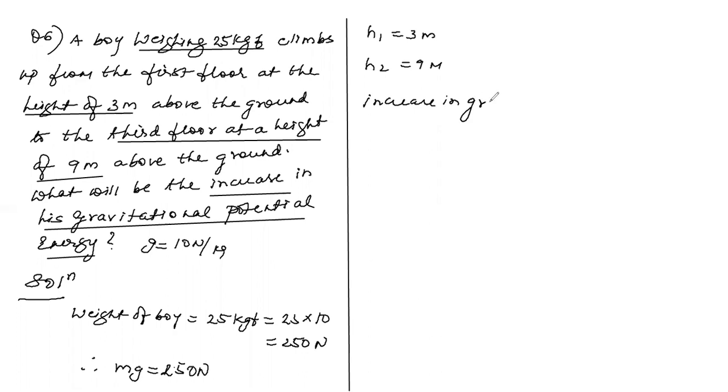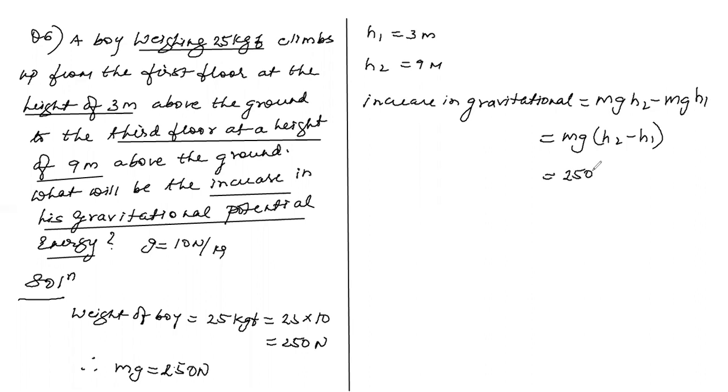So the increase in gravitational potential energy will be the bigger gravitational energy minus the smaller gravitational energy. So mgh2 minus mgh1, mg common, h2 minus h1. mg is given directly as 250, and h2 minus h1 is 9 minus 3. So how much do you get? 250 into 6, it will be 1,500 joules.